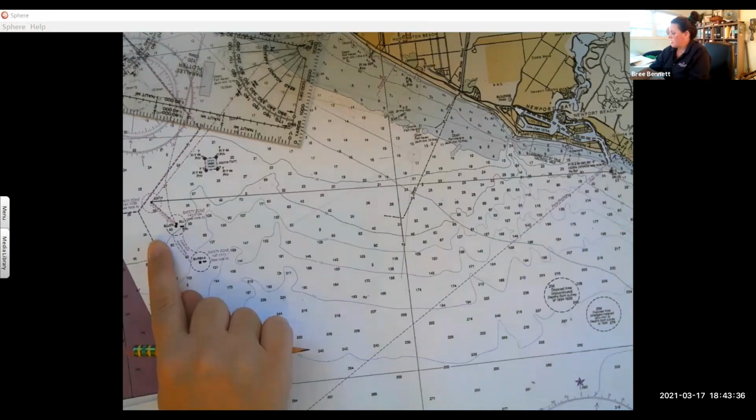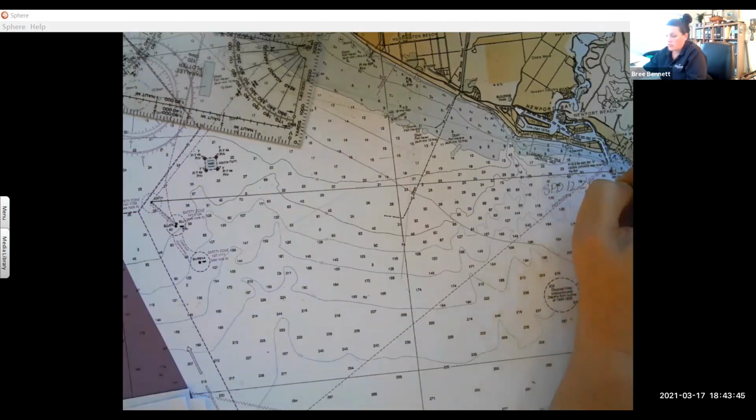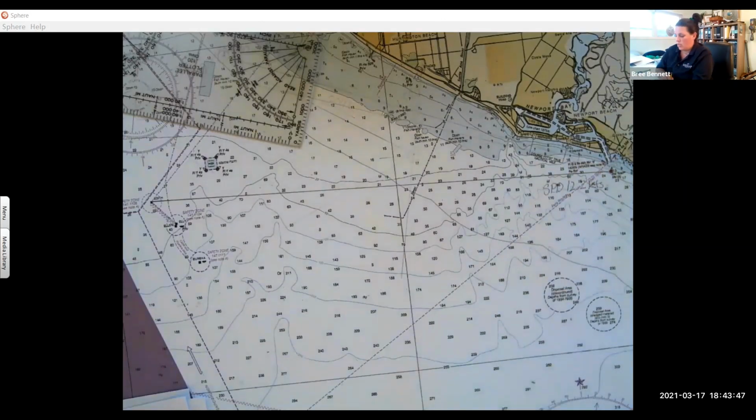And it gives us a speed. So I'll write down the speed of 12.2 knots. It asks us what is our distance, what is our time underway, and what is our ETA. I guess it doesn't really ask us the course. Okay, this is something I'm going to add in then. What is the course?